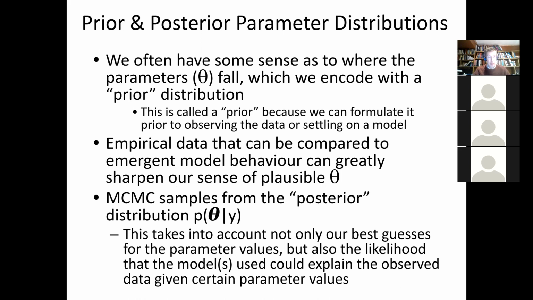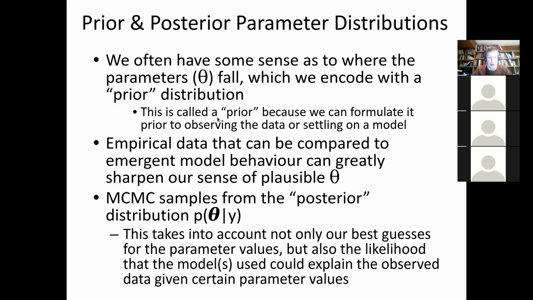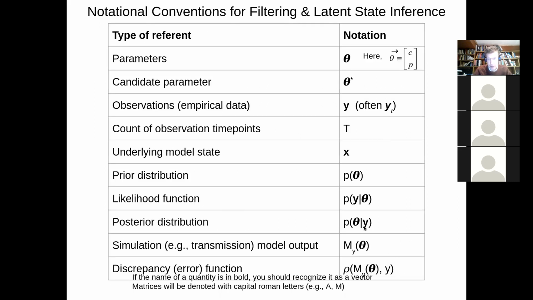So here, we're going to have a prior distribution up front. That's this one. And it's formulated prior to the observed data. And then we're going to take into account empirical data. And the goal of MCMC is to draw samples from a distribution, P of theta given Y. This is our posterior distribution.